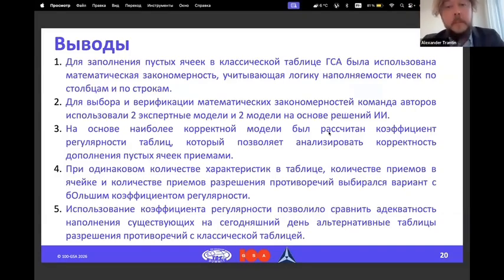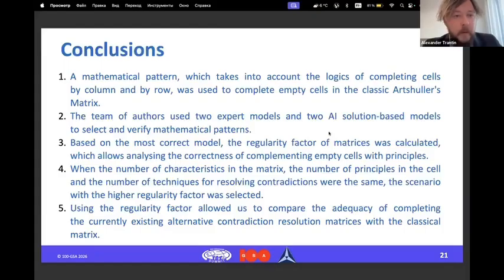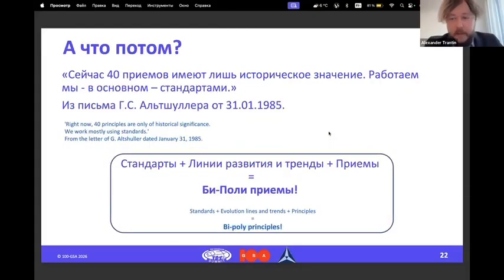And generally speaking, the regularity ratio helps to compare how the metrics are being used, so that you can verify whether these approaches work or whether they do not work.